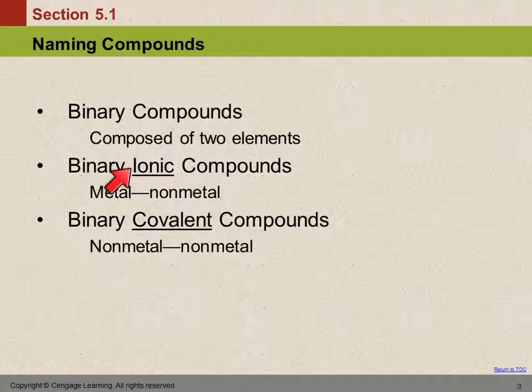A binary ionic compound has ions in it, and we can identify them because they will have a metal element and a non-metal element. The metals on the periodic table are on the left side. We talked about that. And the non-metals are on the right side. In a binary covalent compound, you'll have two non-metals. So we can look at the compound and put it in one of these groups.